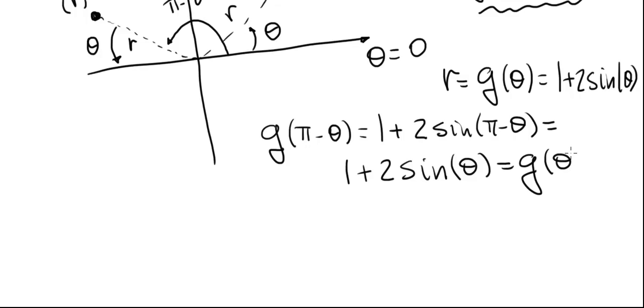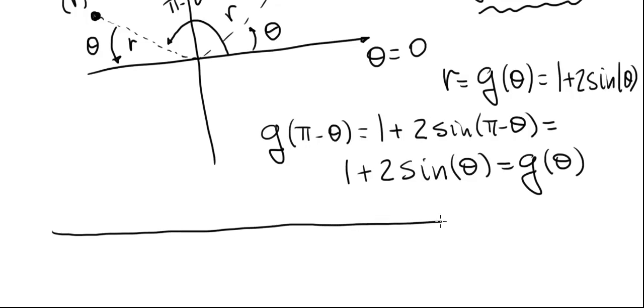And therefore the graph is symmetric with respect to the y-axis, or the line theta equals pi over 2. So all we need is to know what the graph looks like on one side of that line, and the other part we get by symmetry.